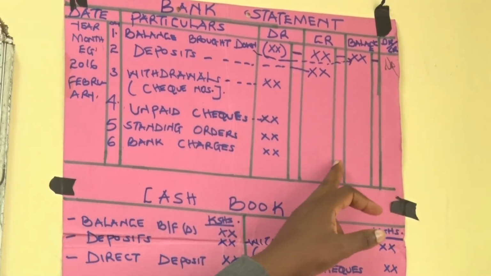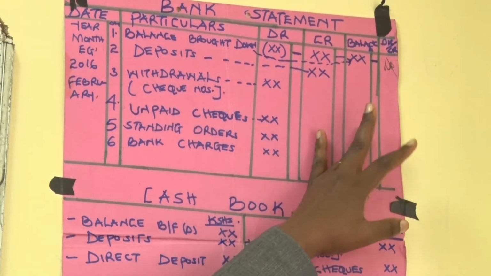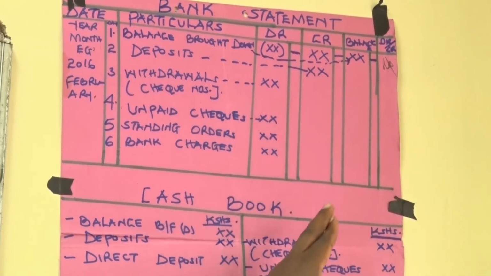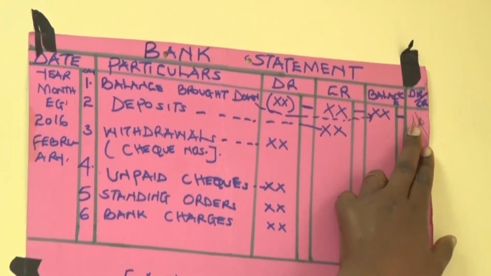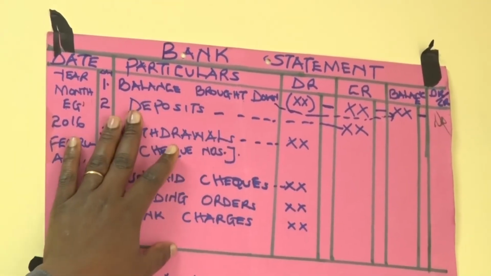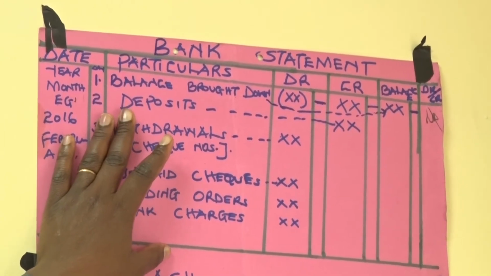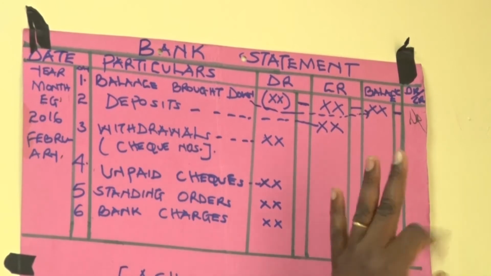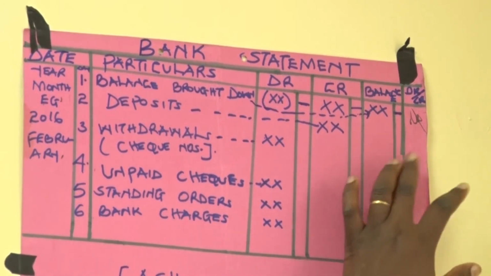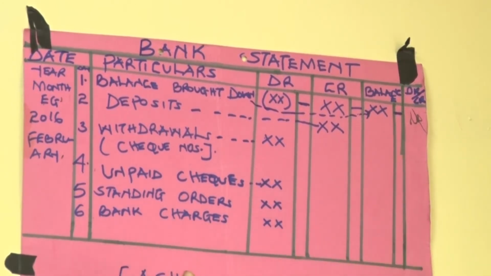In the balance column, we have to indicate whether it is a debit or a credit. If the balance in the bank statement is a debit balance, it means you have an overdraft. But if it is a credit, then you have money in your account.